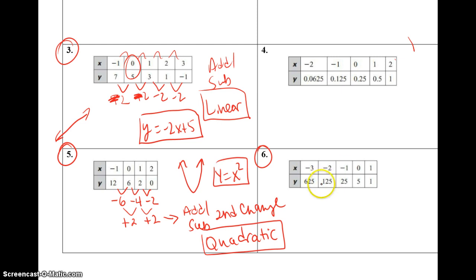On number 6, what's happening each time, we're not adding or subtracting, this time we're dividing. We're dividing by 5. If you multiply or divide for your y values, that is going to be exponential.